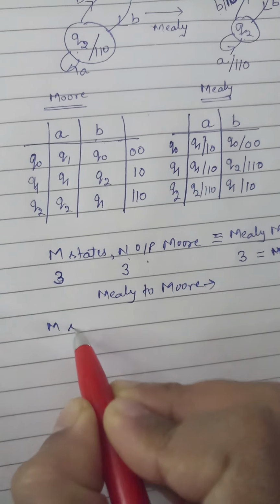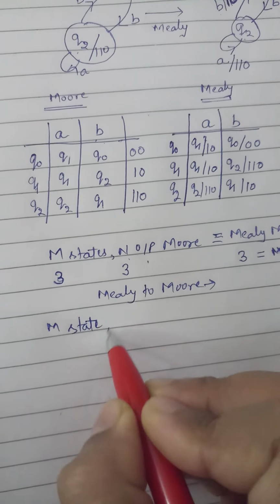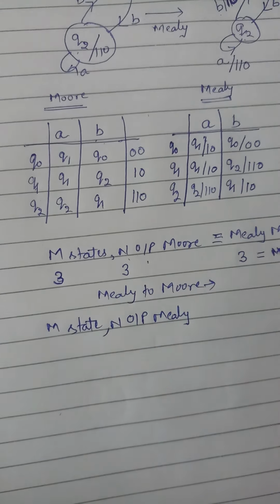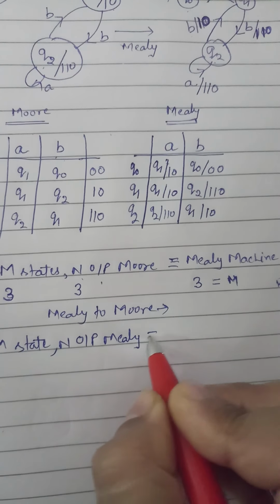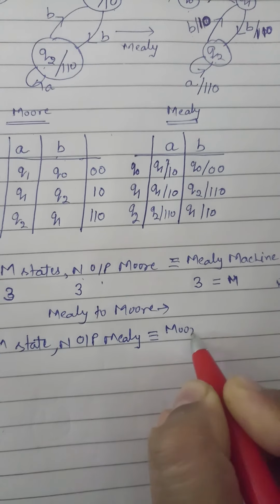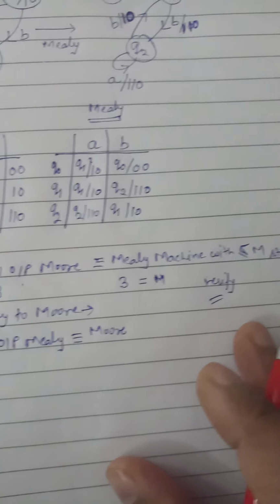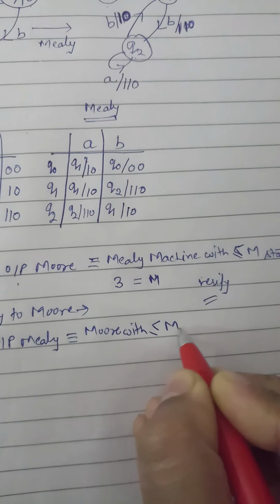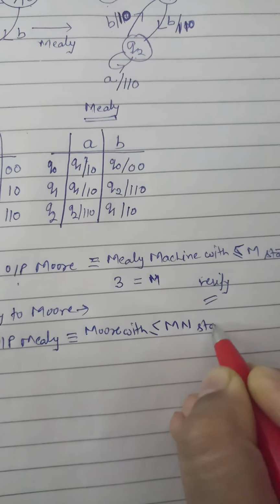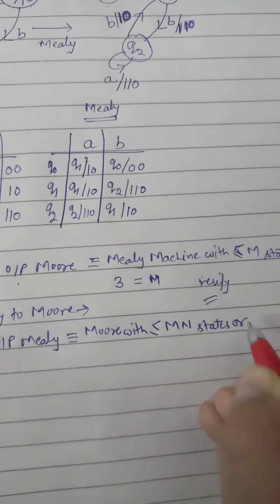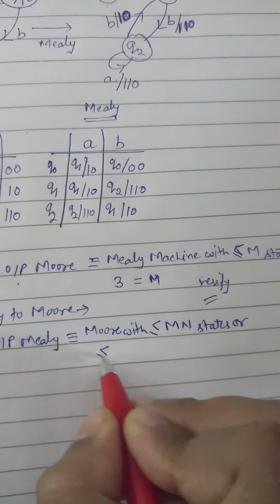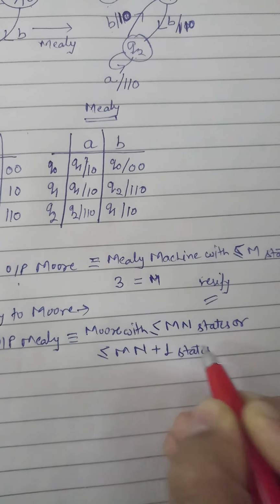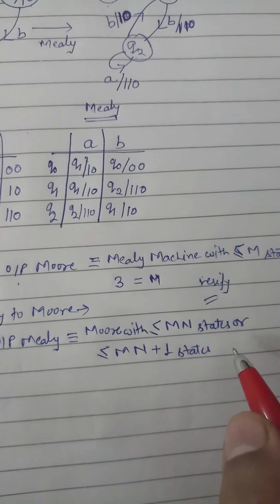We have M states and N outputs in the Mealy machine, which will be equivalent to a Moore machine with less than or equal to Mn states, or less than or equal to Mn plus 1 states. Why?